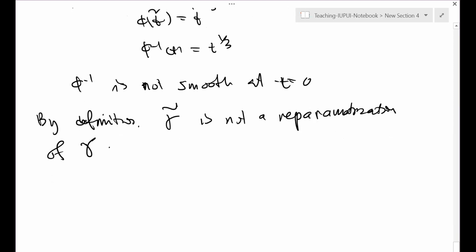What I want to say is that one of them may not necessarily be a reparametrization of the other one. They're totally different parametrizations for the same curve. Maybe you can say they're not equivalent.